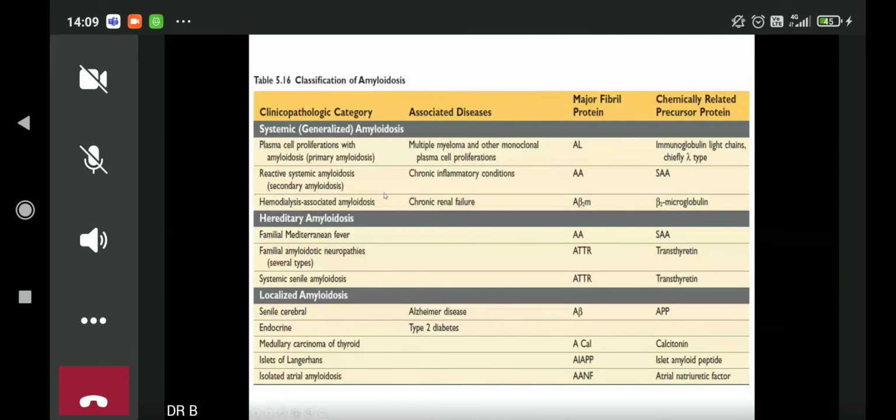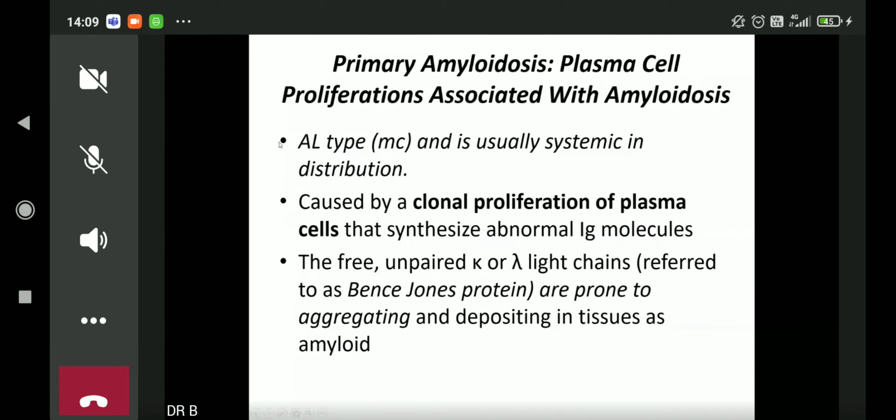So by default, plasma cell proliferations will have the AL type and will be systemic in distribution. These plasma cells secrete abnormal immunoglobulins, either kappa or lambda, which are referred to as Bence Jones proteins. They become prone to aggregating and deposit in tissues.